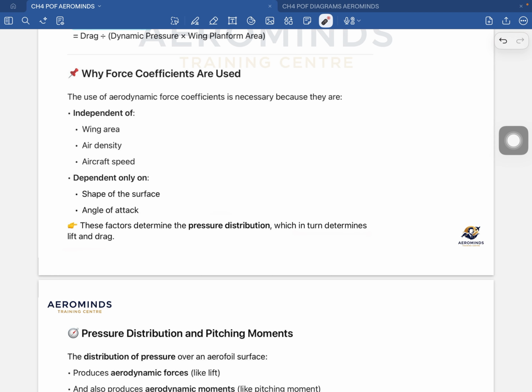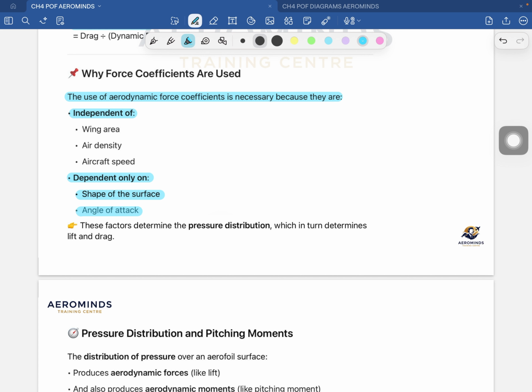So this is why they are so powerful and so widely used in aerodynamics and also in your exams. So the use of aerodynamic force coefficients is necessary because they are independent of these things, and they are dependent on the shape of the surface and angle of attack. These factors determine the pressure distribution, which in turn determines the lift and the drag.